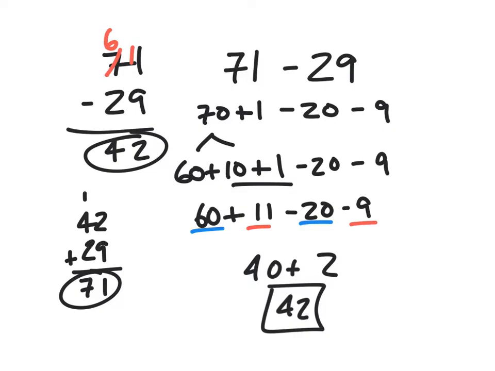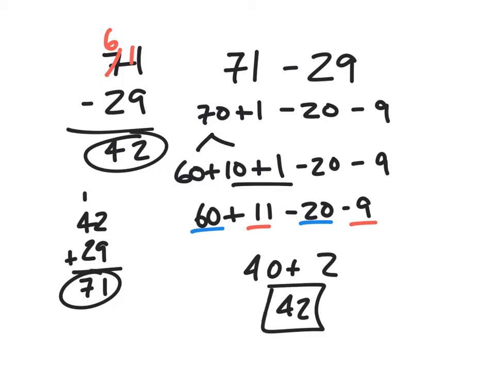And that's your answer. Now, you're probably sitting there and you're like, why do I need to do all this when I can just do this? Well, in reality, this is a shortcut, okay? And your level of understanding of how the numbers work and why you borrow a 1 from the 7 and you put a 1 here and get the 6.